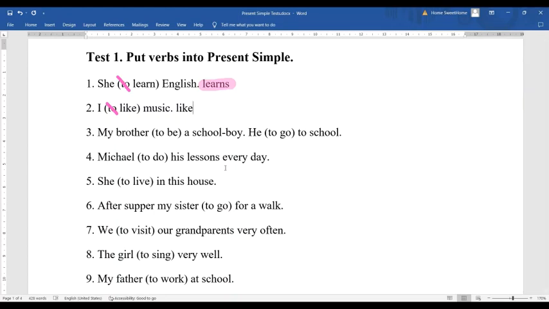Okay, so my favorite is number 3. I really like this sentence. This is very challenging. Now you test yourself. My brother to be a schoolboy. Let's look only at this sentence. I put your attention to the subject, my brother. Who is my brother?